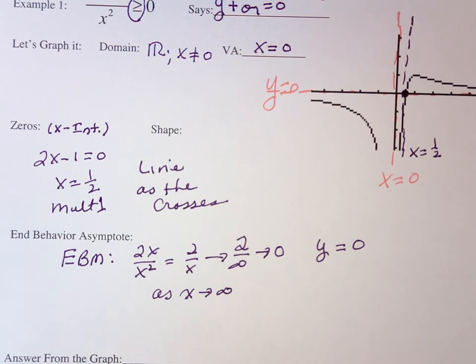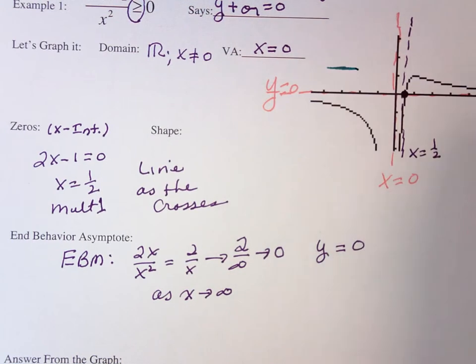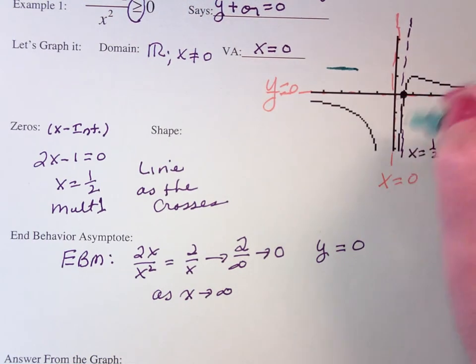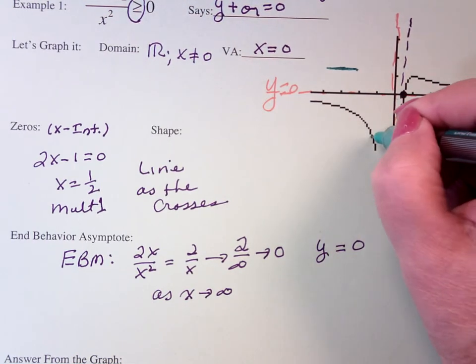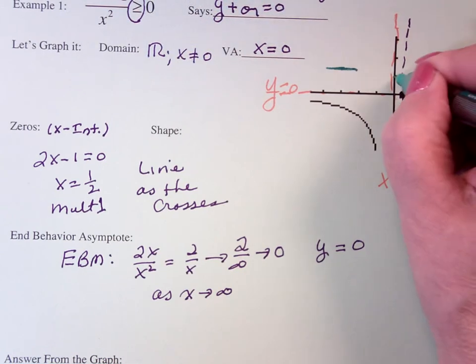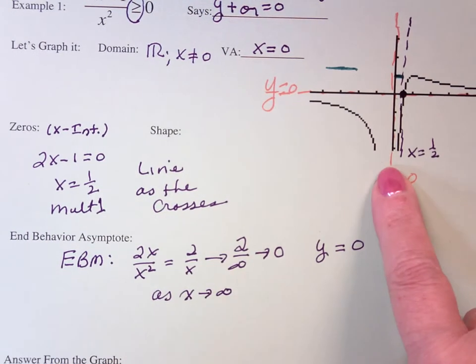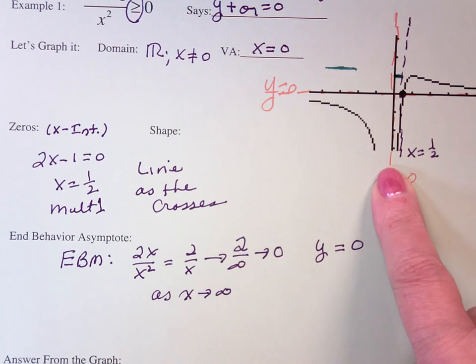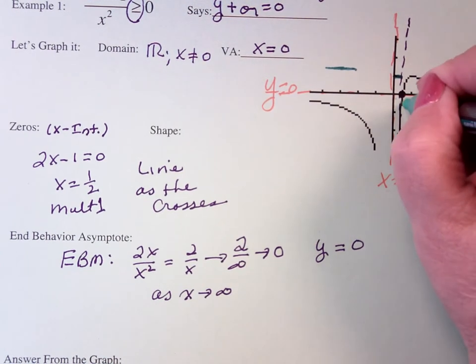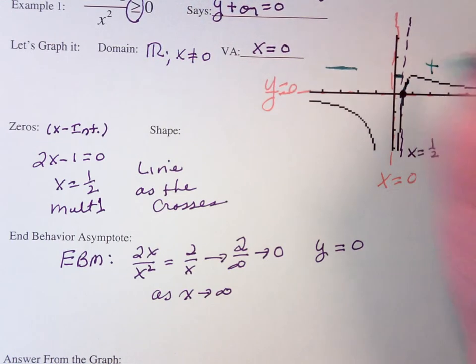What you would notice is here y is negative, then I have the VA, and the VA is multiplicity 2, so y stayed negative. Then the graph crossed the x-axis at the x-intercept, then y went to positive.